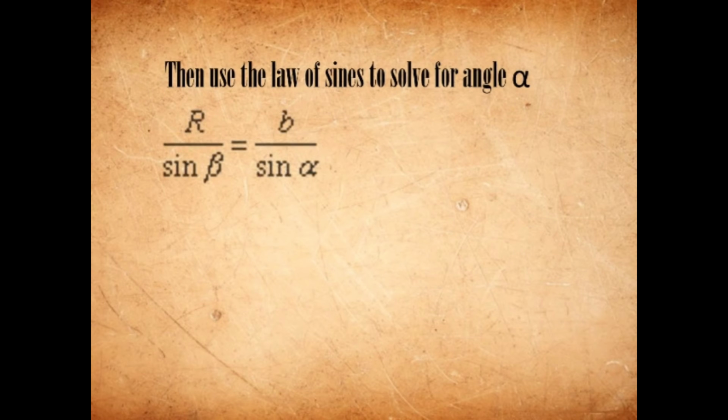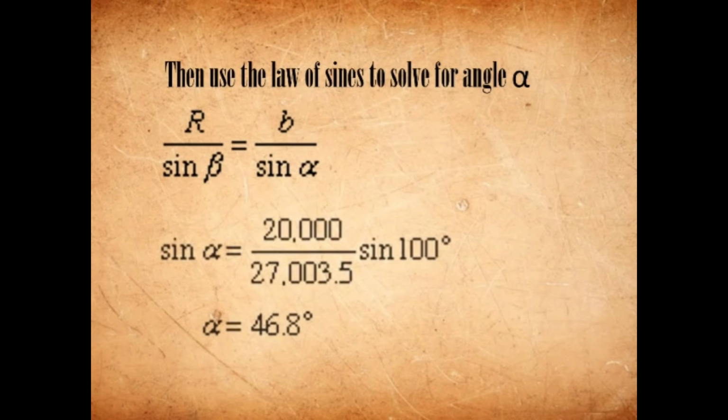Then use the law of sines to solve for angle alpha. R divided by sin beta equal to B divided by sin alpha. So sin alpha equal to 20,000 divided by 27,003.5 times sin 100.